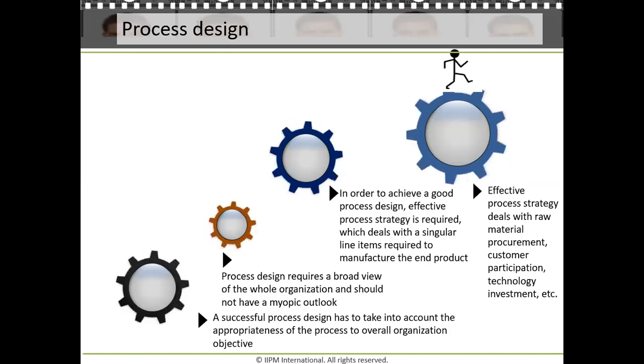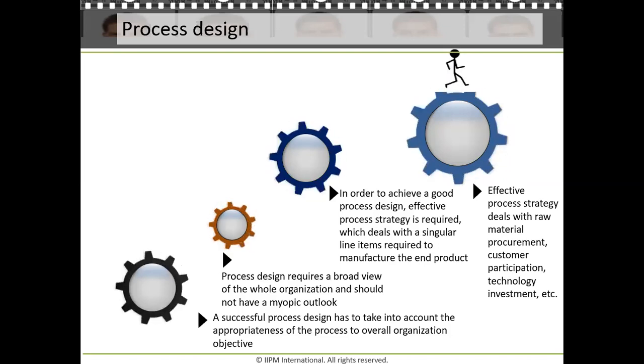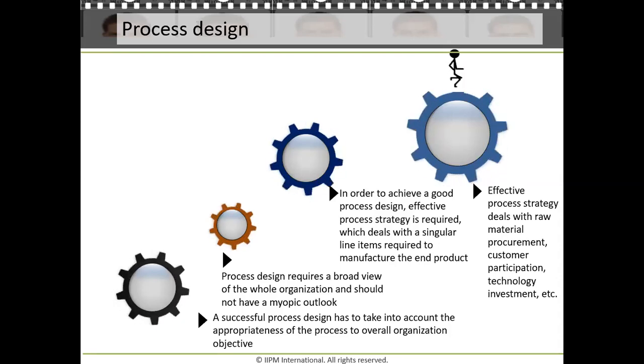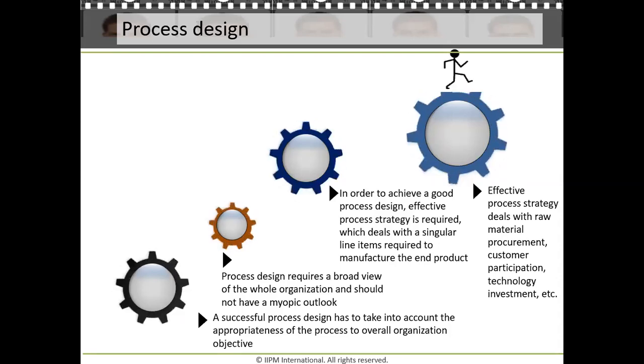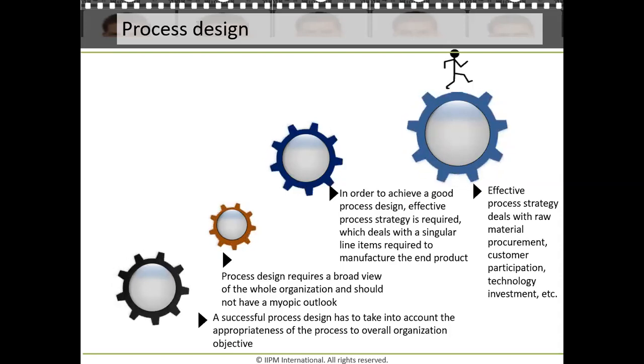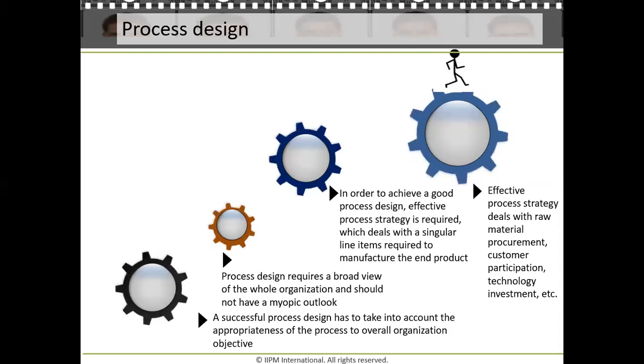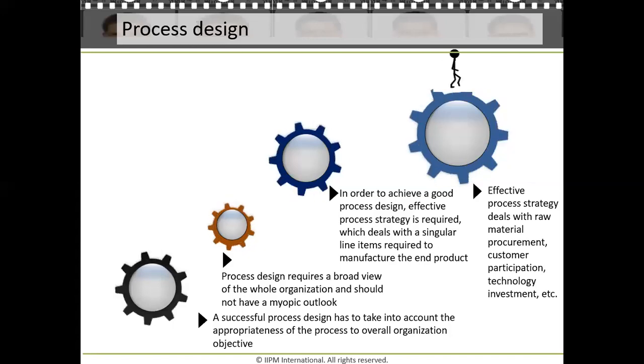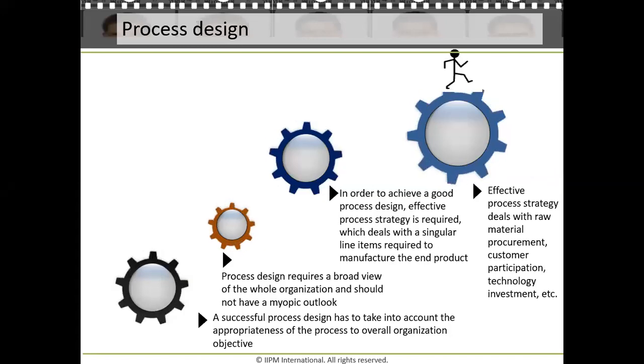If the organizational objective is negative, is bad, is wrong, the product cannot be good. All right. So the first thing there is to have a good organizational policy or organizational vision or objective.